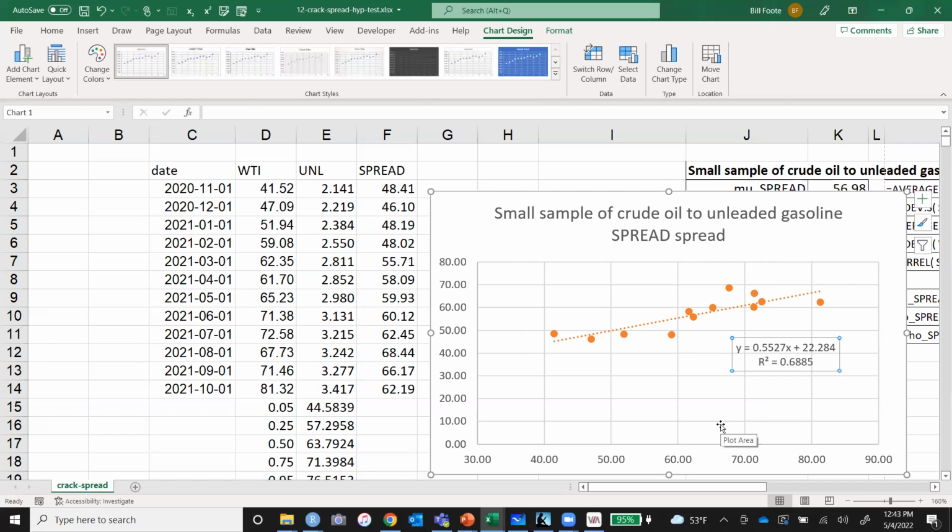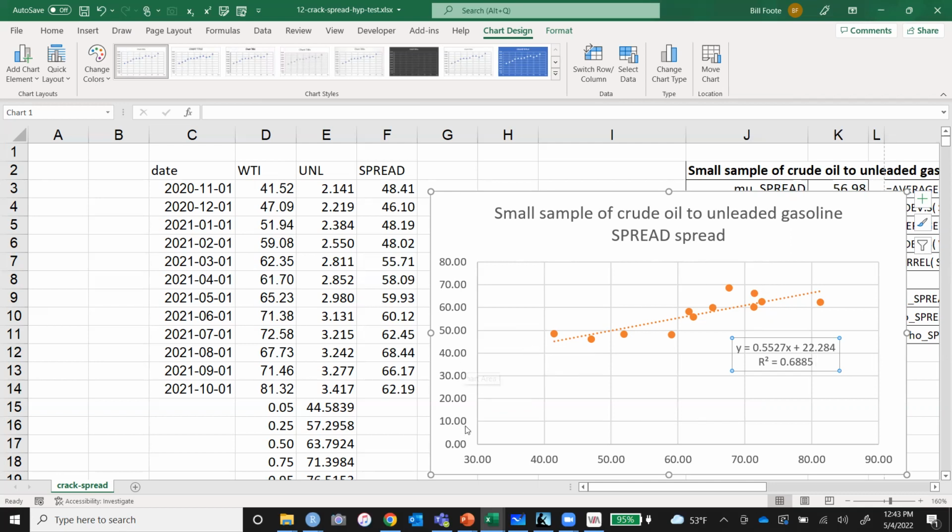What percent of the variation in spread is accounted for, with nothing else, no inference, by WTI, which is on the horizontal axis? I didn't put any axes in here. It's 68%. They're pretty well aligned with one another.